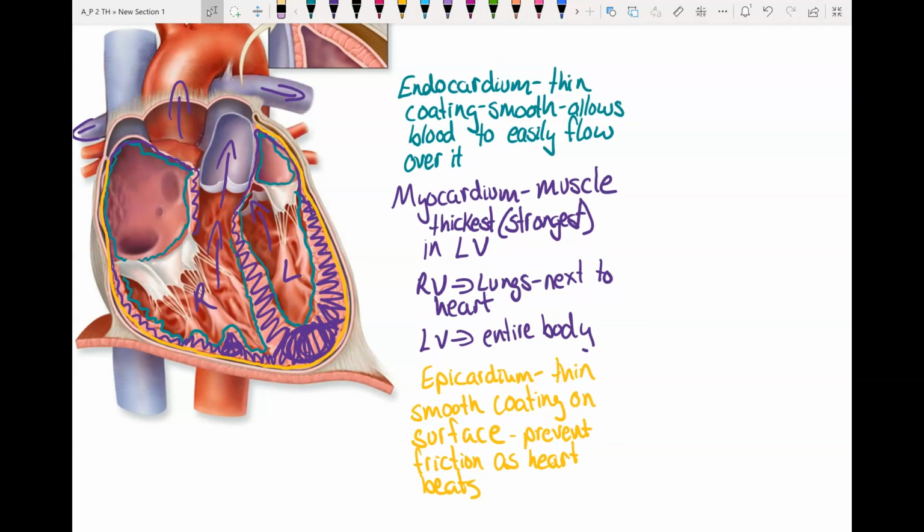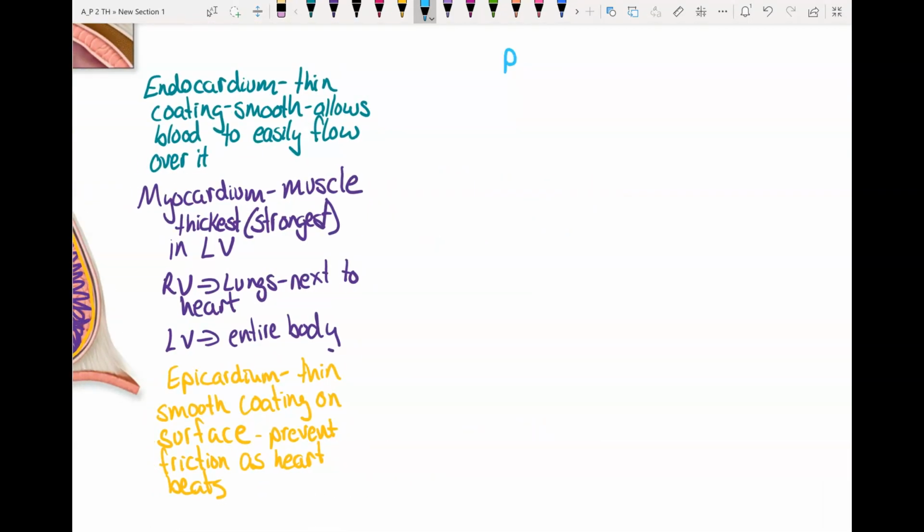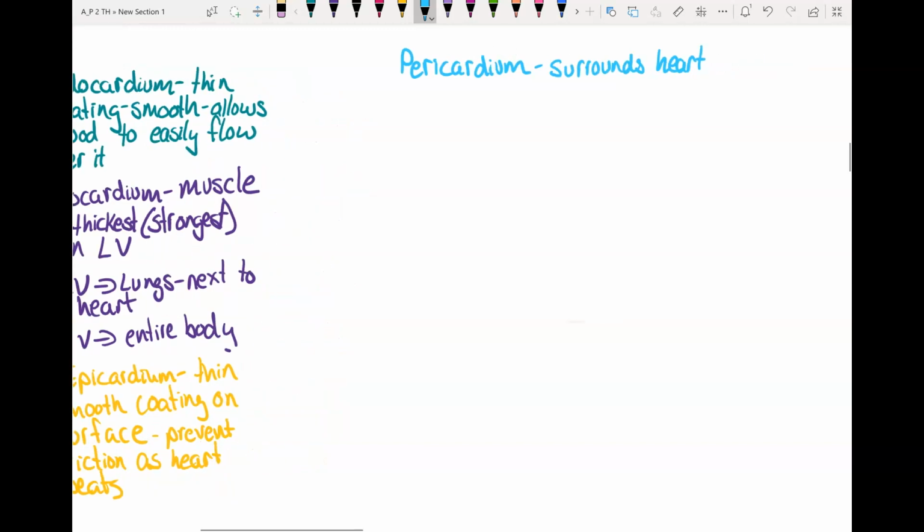Now let's talk about the pericardium. Pericardium is the tissue that surrounds the heart. We can divide this up into parts to think about. So we're going to have the visceral layer of serous pericardium.